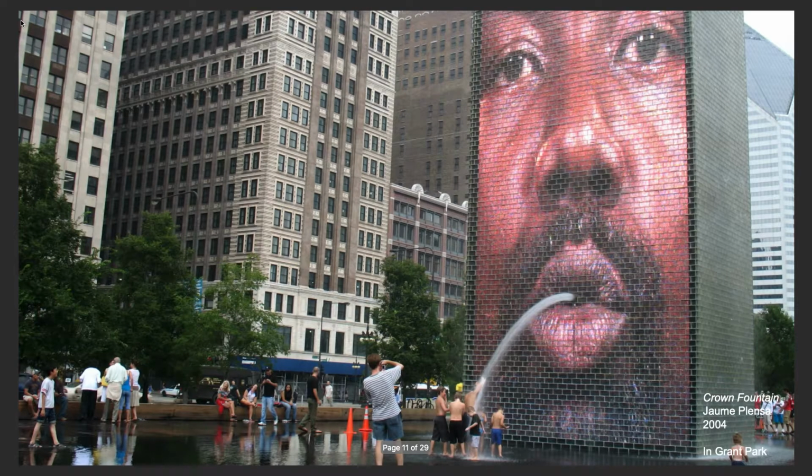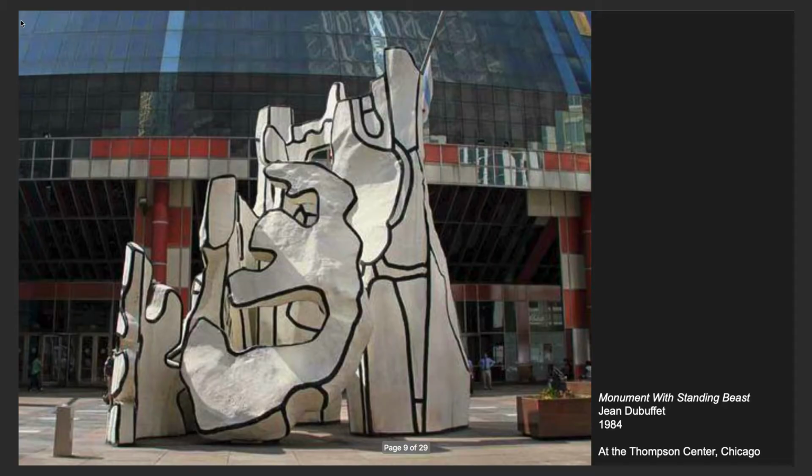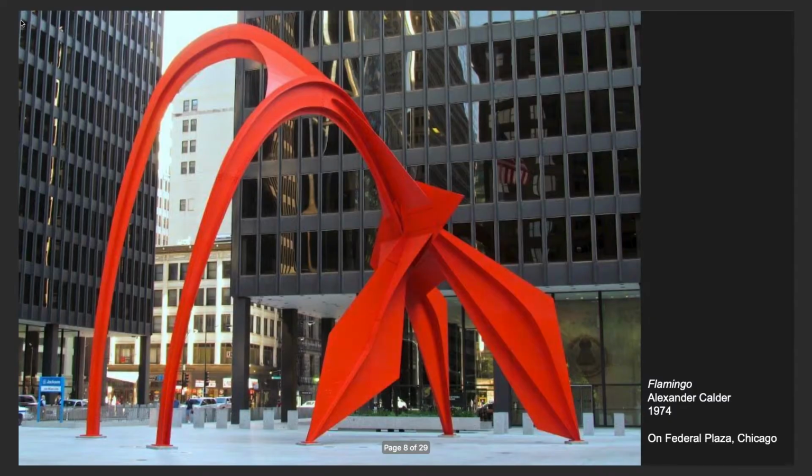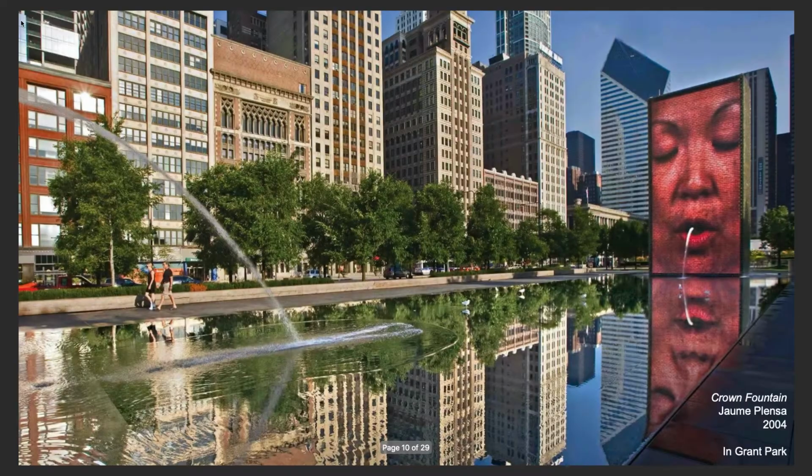And so hopefully a lot of you have been able to see this art and are familiar with it. I think Chicago is really great for having art, and we're all lucky to be close to it.